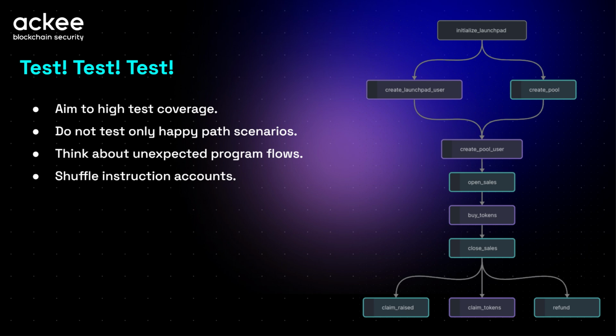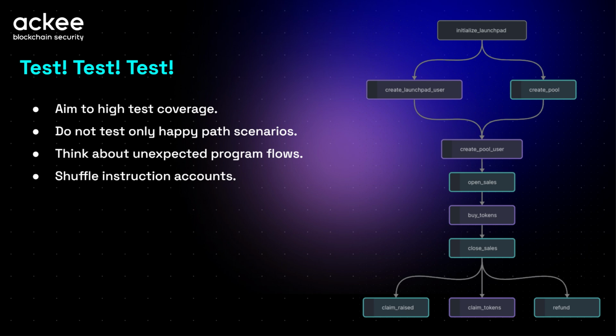The tests maybe cover this workflow, but they do not cover a case where the flow would be different. So again, for example, that somebody would start to buy tokens before the sales are open, or maybe someone would already start to claim the tokens before the sale is closed, or some unexpected scenarios.